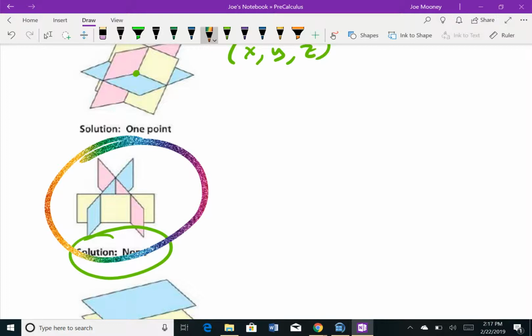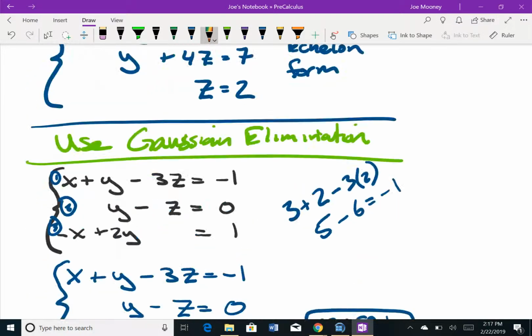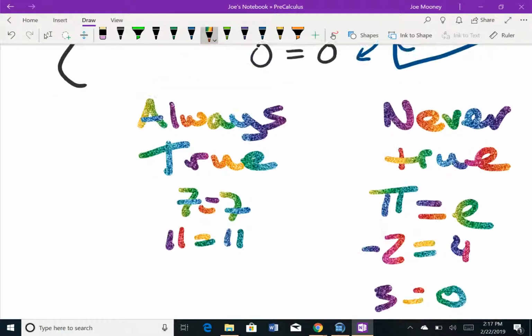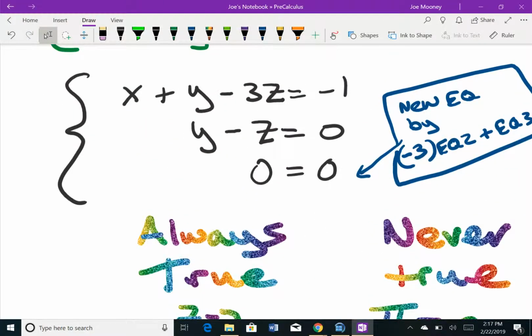None of them meet. All three of them don't meet at the same point. So it's really easy when you're doing this Gaussian elimination, row reduction. If you get an always true, then you know you're going to have infinitely many solutions, but how do you find out what that is?